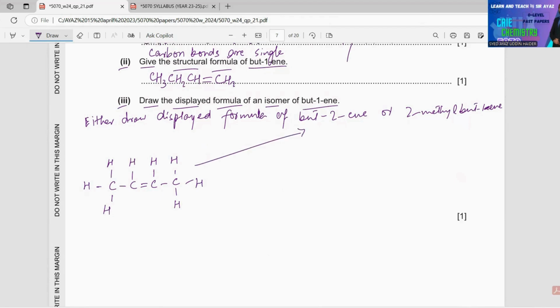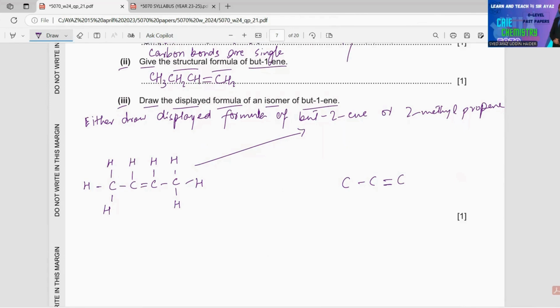What about 2-methyl but-1-ene? Sorry, you can't have 2-methyl but-1-ene. You have 2-methyl propene. It's not butene, it's propene. I made a mistake. It must be propene because there must be 4 carbon atoms in all. So you have 1, 2, 3. And there is a double bond between any two carbons. So I'm showing it between these two.